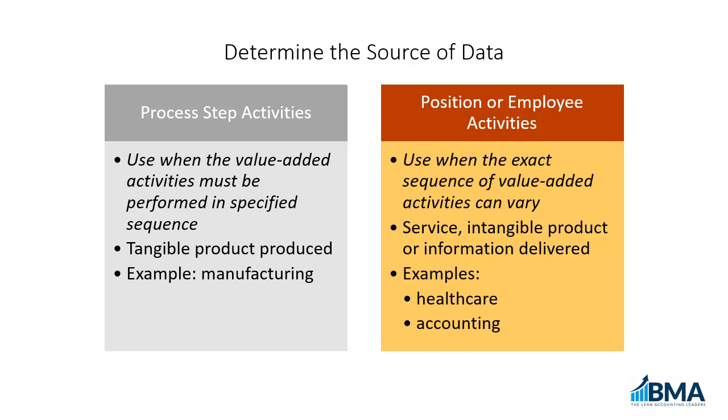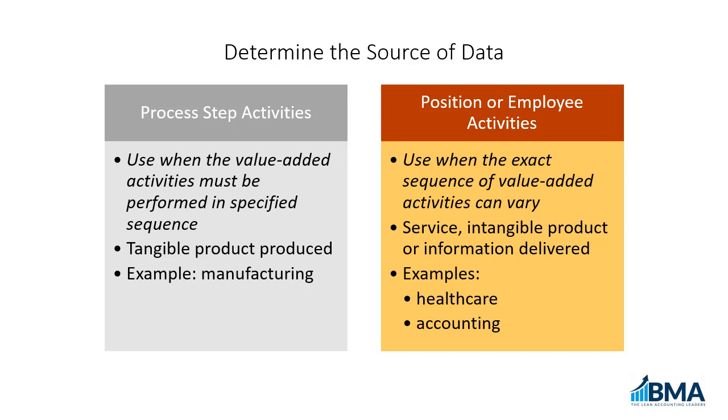Now, this is true in service businesses. This is true when you're producing information or maybe some intangible product. For example, healthcare. And I'm going to show you a healthcare example in a little while. There's specific activities that healthcare providers must perform, but the exact sequence at which they perform them is going to have some variation.